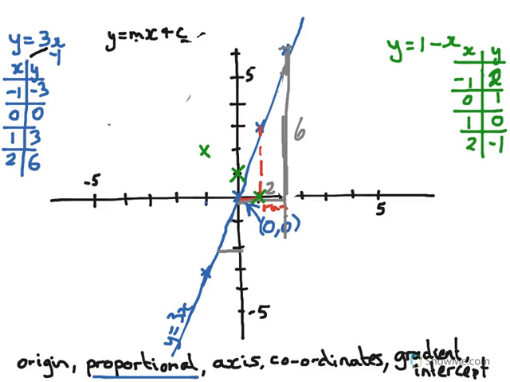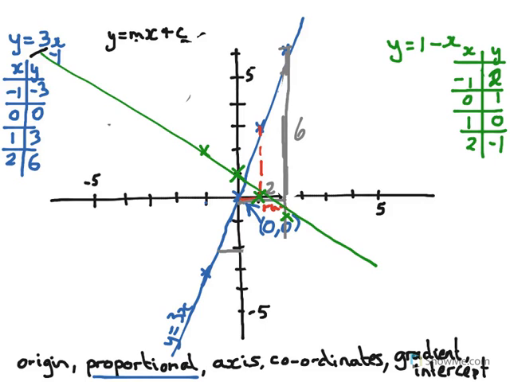And at the point x equals 2, going 2 along, y equals minus 1. So here we have the coordinates of our green graph, and we can draw a line through there to give us our straight line.